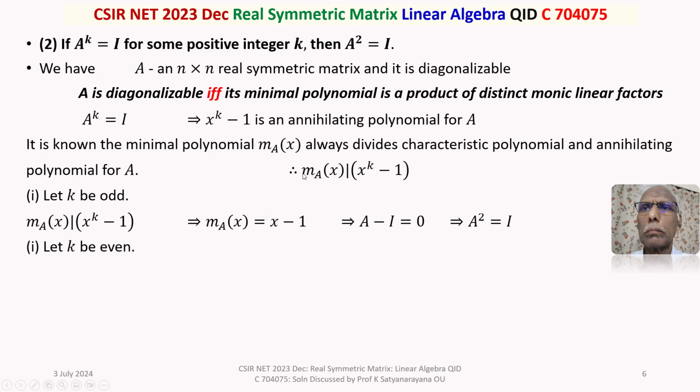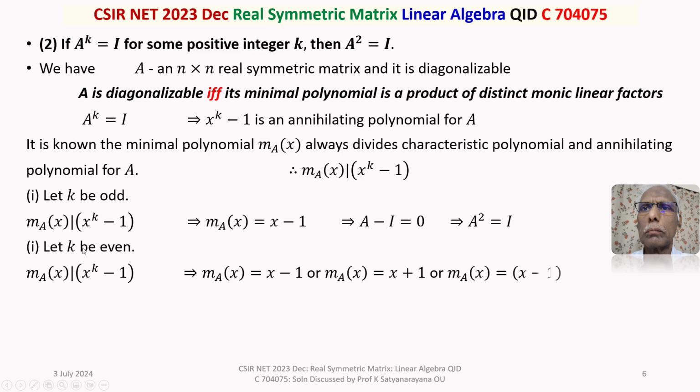Second case, when k is even. Now, the minimal polynomial m_A(x) divides x^k minus 1. When k is even, m_A(x) is either x minus 1, or x plus 1, or x minus 1 into x plus 1, the product of distinct monic linear factors.